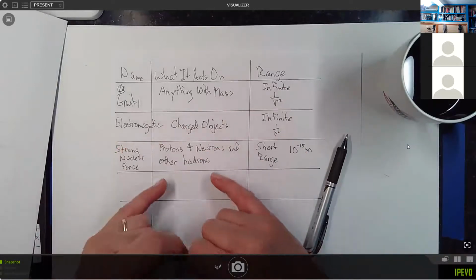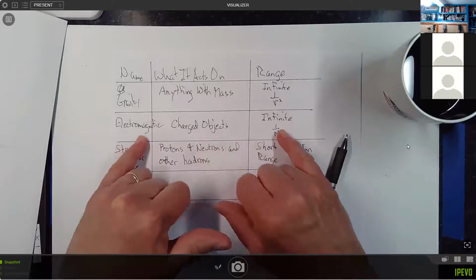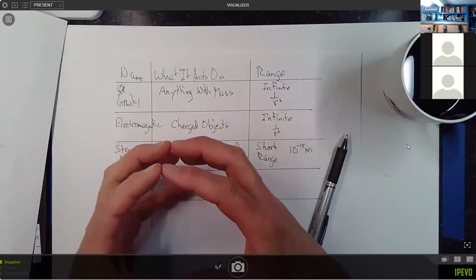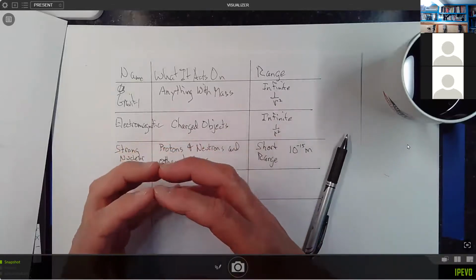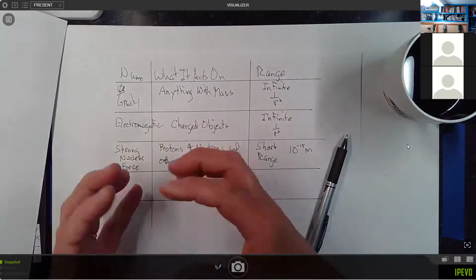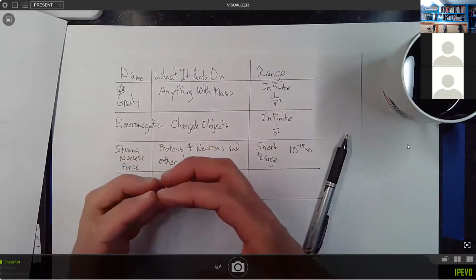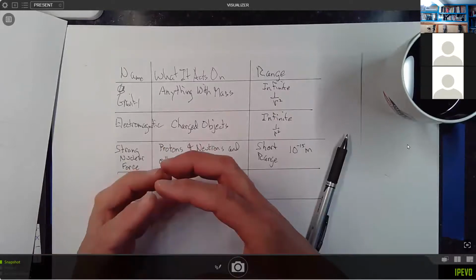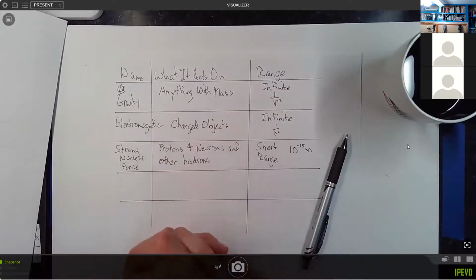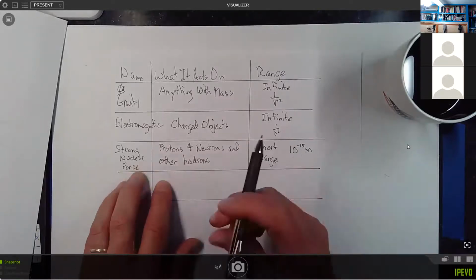They'll still be repulsed by the positive charge over there, but they won't feel the strong nuclear force. And that has the effect that as nuclei get larger and larger, they become more and more unstable. In fact, every element beyond lead on the periodic table is somewhat unstable. It will eventually decay.